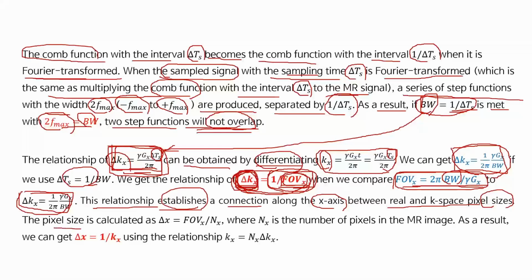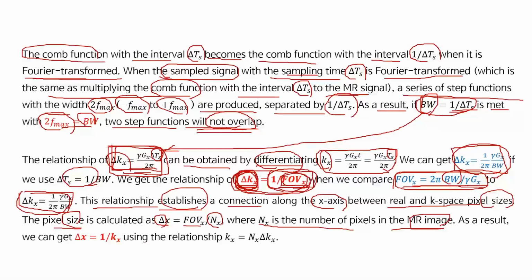Now the pixel size is calculated. The pixel size in real space, delta x, is FOVx over Nx. Nx is the number of pixels in the MR image.